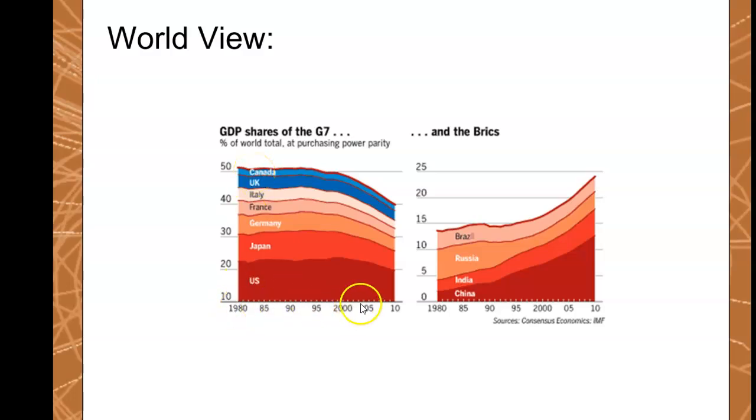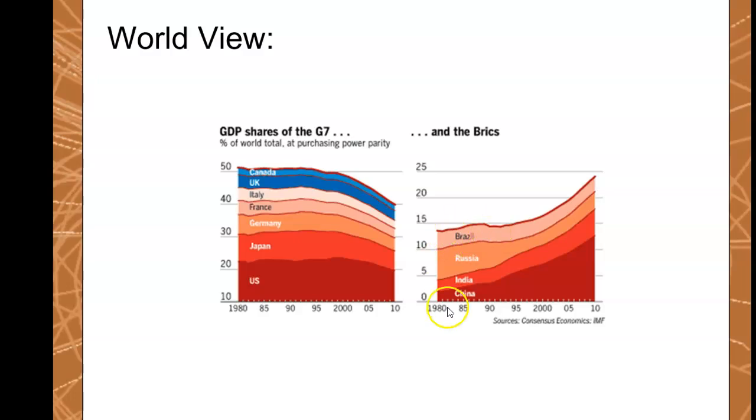And over time, their share of world GDP dropped from 50% to a little bit under 40%. Now, does that mean these countries are producing fewer things? No, it simply means that other countries were growing more rapidly during this time period, and started to represent a larger and larger share of overall GDP.